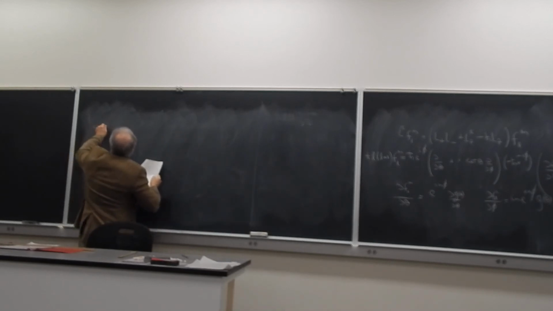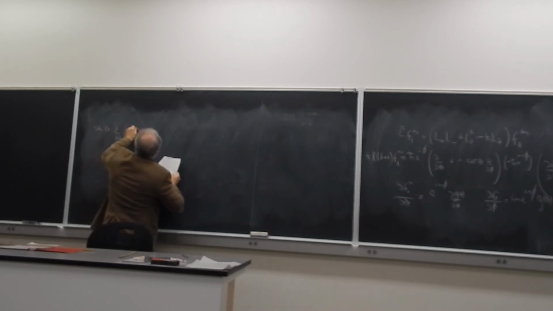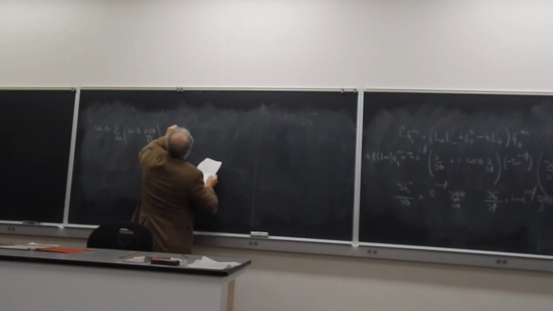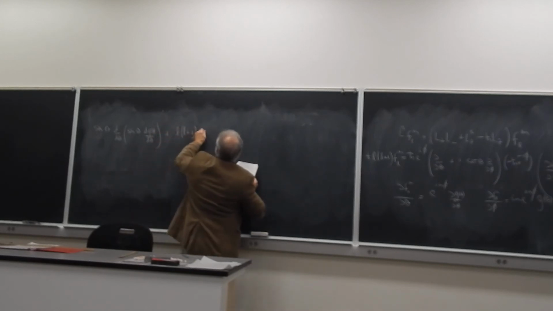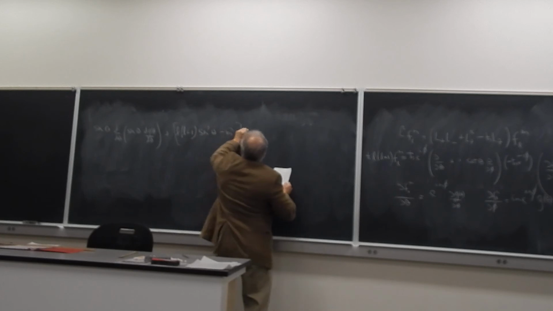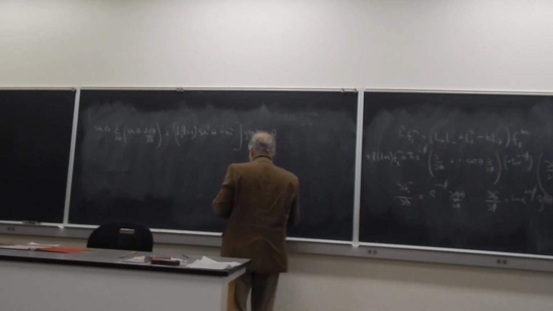We get sine theta d/d theta of sine theta dg of theta/d theta, plus L times (L plus 1) sine squared theta minus m squared, all times g of theta, is equal to 0.